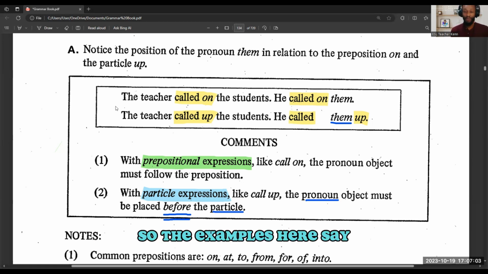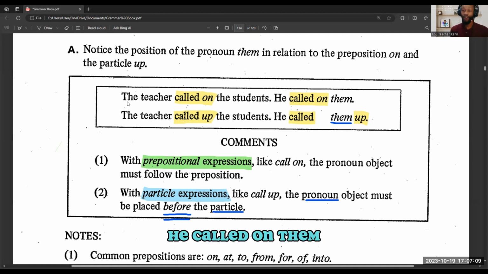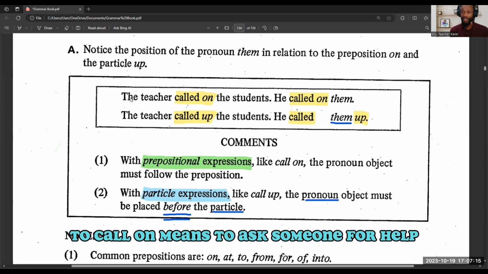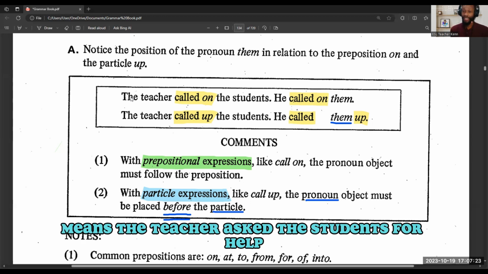So the examples here say, the teacher called on the students. He called on them. In this case, to call on means to ask someone for help. So the teacher called on the students means the teacher asked the students for help.